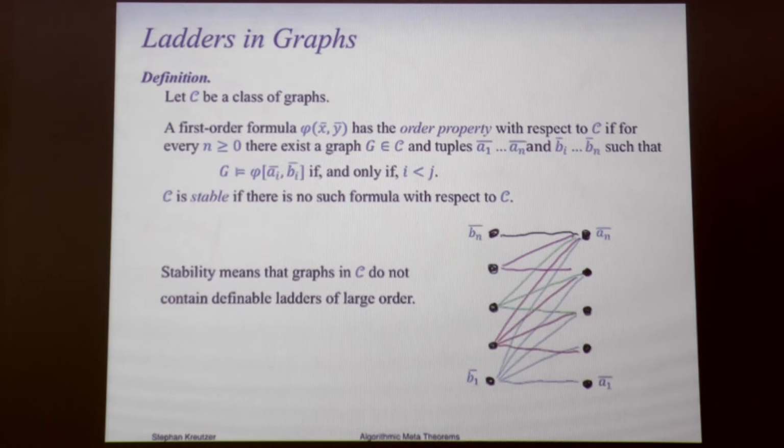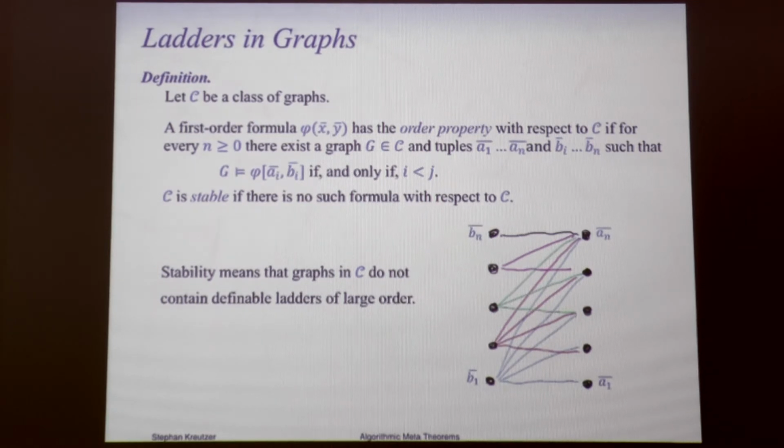And so this is the bipartite graph. And you draw an edge from Bi to Aj if they satisfy the formula. And so what it's supposed to define is this thing which we call a ladder. So B1 has an edge to every A. B2 has an edge to every A except for the first one. B3 has an edge to every A except for the first two.